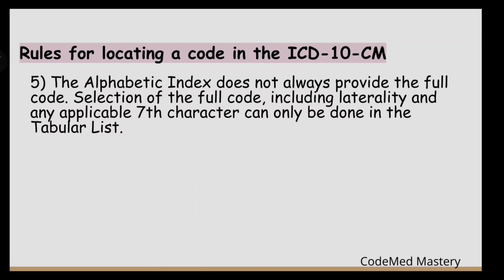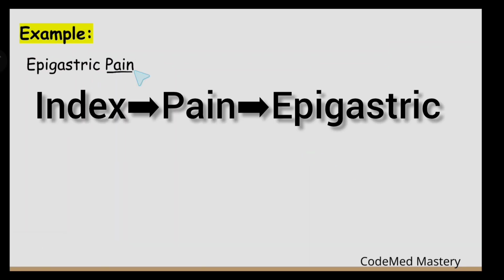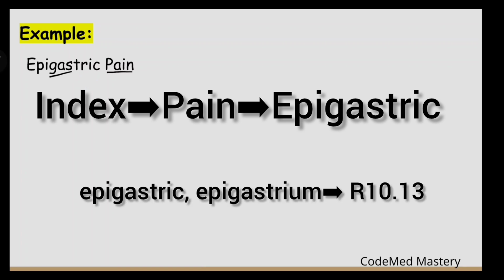Now let us look at some examples so that we'll be clear how to locate a code in the ICD-10-CM manual. The first example is epigastric pain. So here the main term is pain. From the index to diseases and injuries, we have to look for pain. Under pain, we have to look for epigastric. You can find epigastric, the code is R10.13.